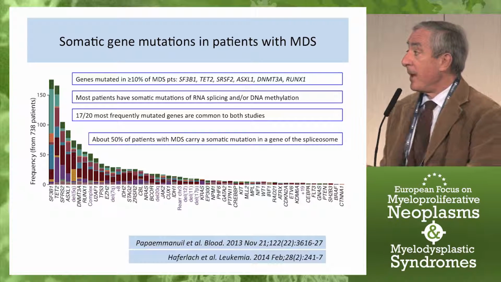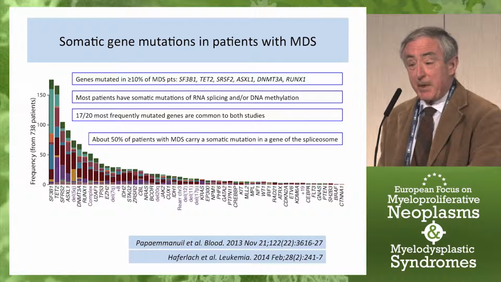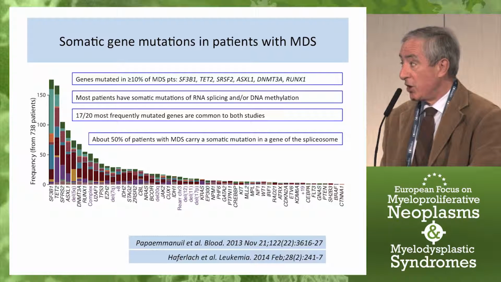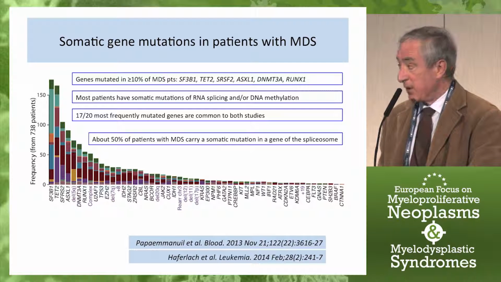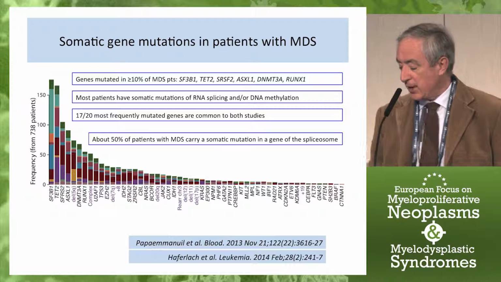And finally, about 50% of MDS patients have somatic mutations in a gene of the spliceosome, indicating that splicing factor mutations are quite common.